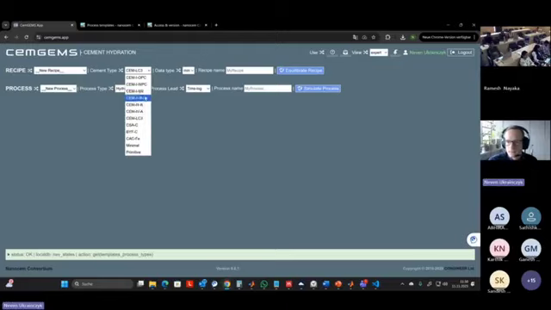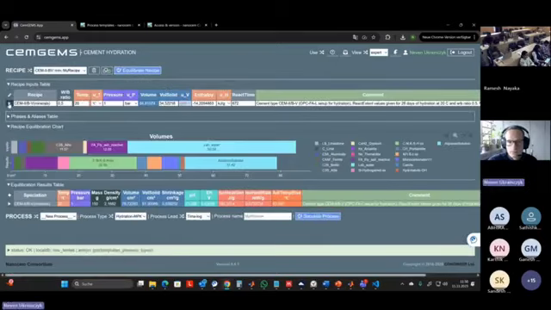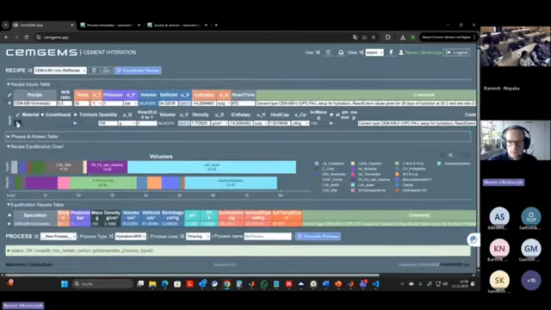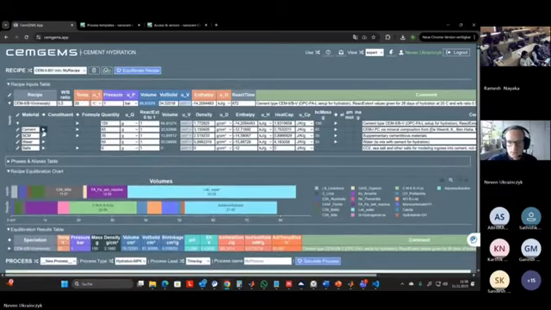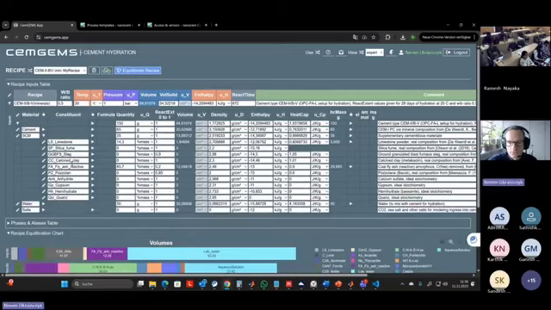This is slag. Let's see, what is this one? SEM2. I think this is fly ash. SEM2B.